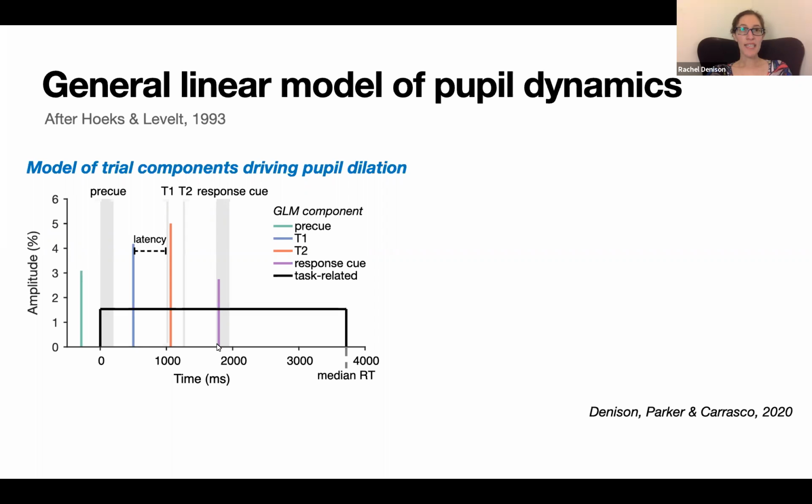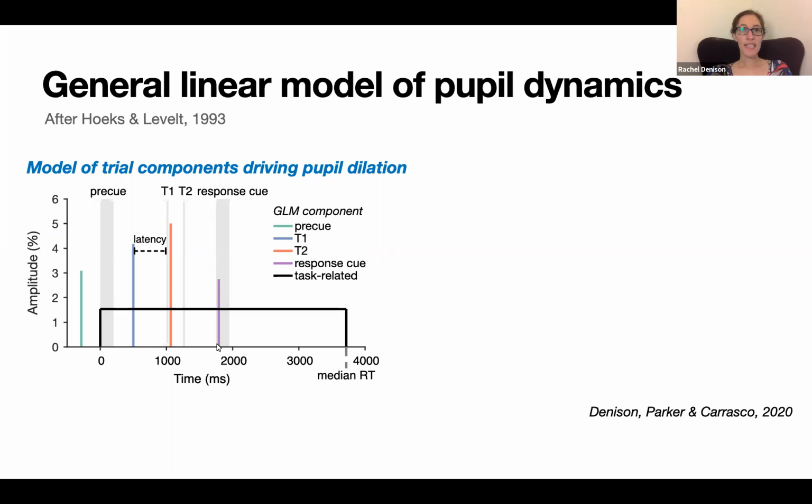Okay, so using these two ingredients that I just described, a model of the trial components and a model of the pupil response function, we can predict how the pupil will respond to a trial sequence by convolving the PRF with these trial components and then summing the components together. So in this plot on the right, I'm showing the convolved components in these colored lines.